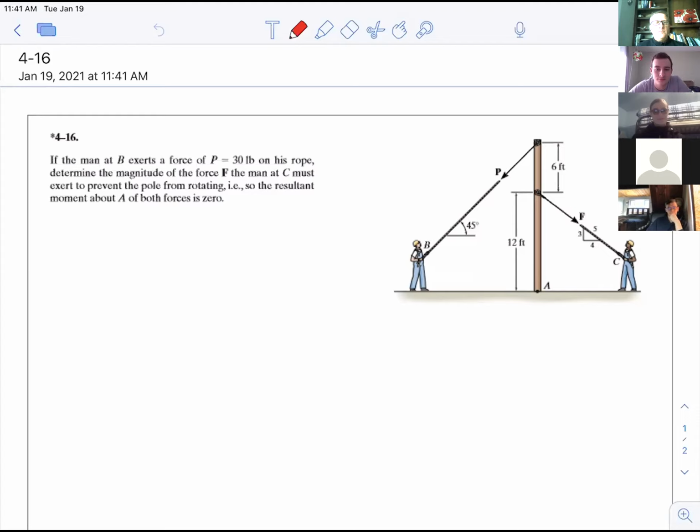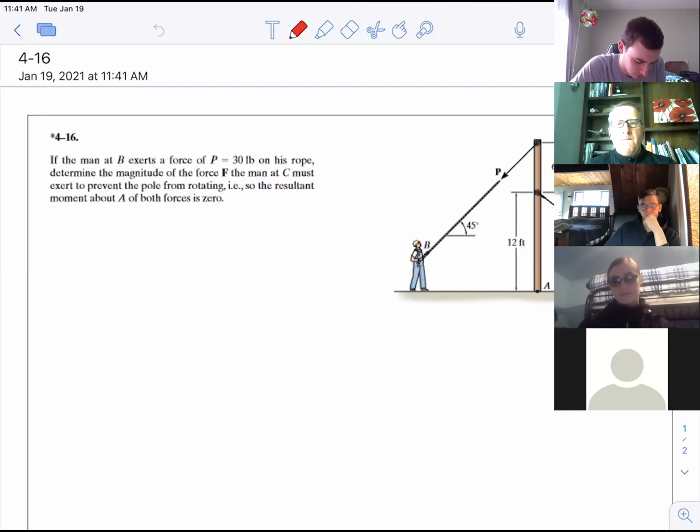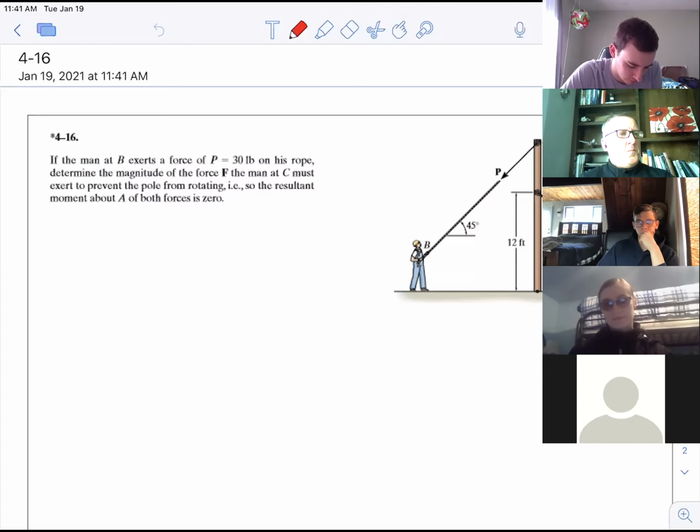I need to make you guys bigger. So notice the two forces are P and F, I guess. The man at B exerts a force P of 30 pounds.